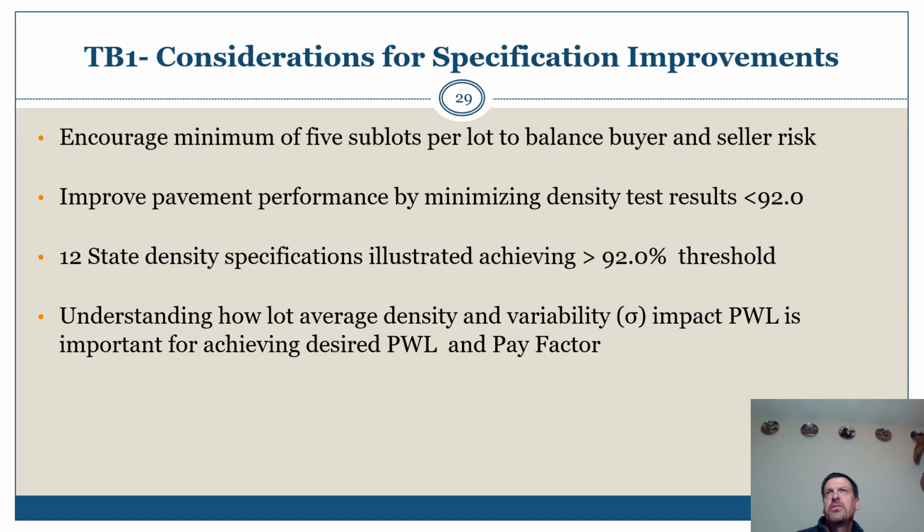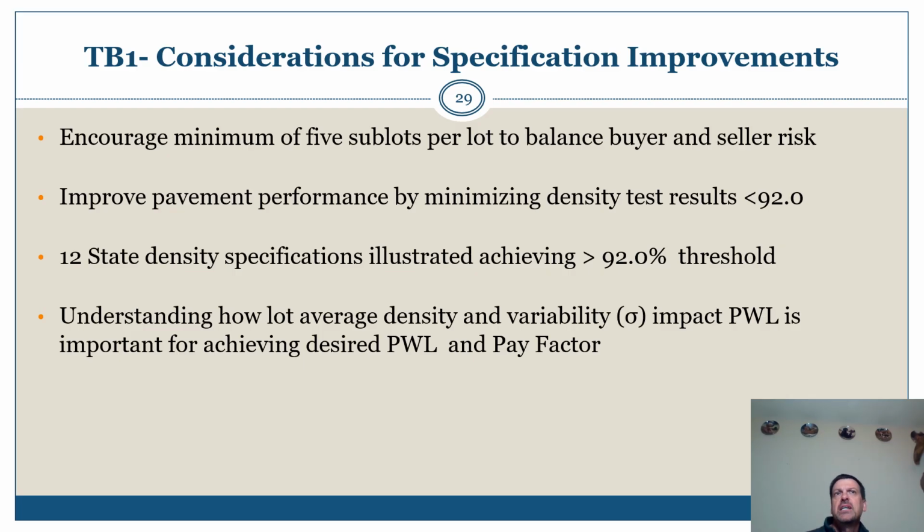So, a summary of information relative to specs, to considerations for specification changes based on the first tech brief: one is encouraging a minimum of 5 sublots per lot to balance buyer and seller risk. 10 would be better, but if you have more frequent sublots, maybe 5 is okay. Improving pavement performance by minimizing density tests below 92%.